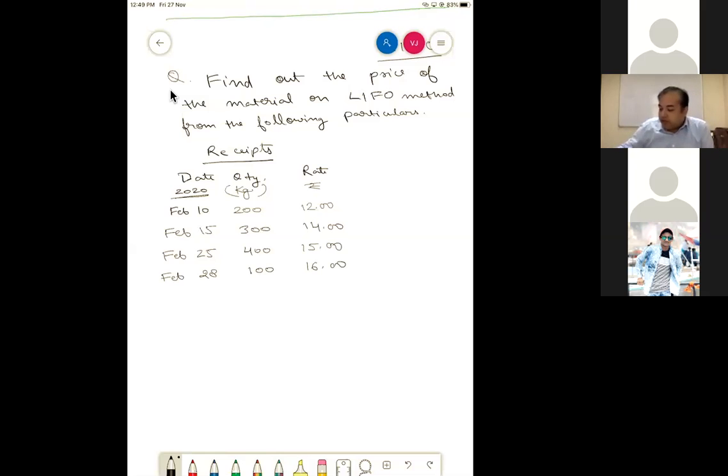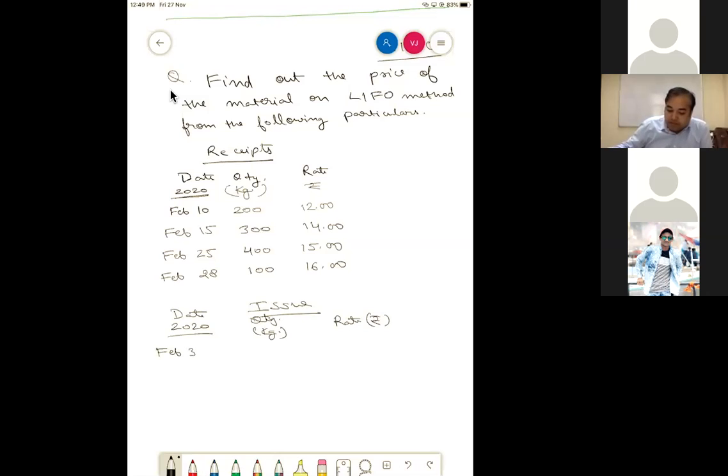So this was your receipts, and next is issue. So again, all the dates would be of 2020 and your quantity would be in kg and then rate would be in rupees.